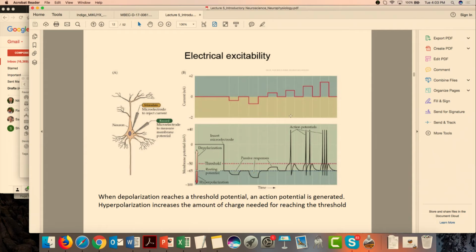When the applied current was higher, above a certain level, all of a sudden this slowly rising potential suddenly became a spike, an action potential, just accelerated into a pulse. That is the fundamental property of a neuron.